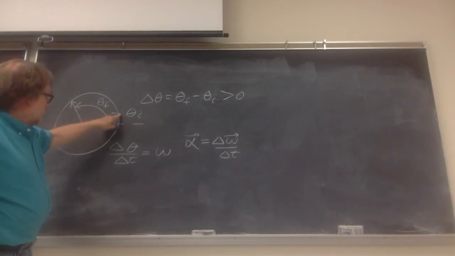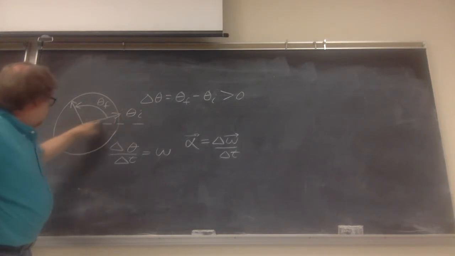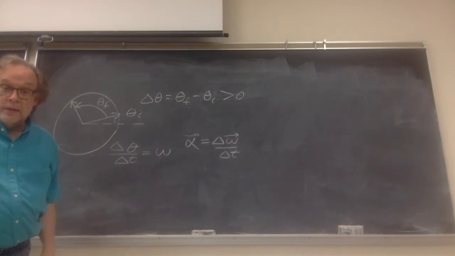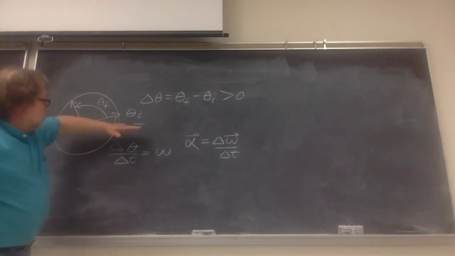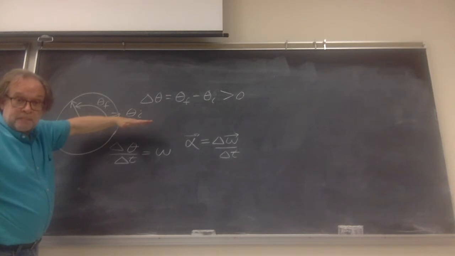If we're thinking about, say, the tip of this arrow, or really any point along that arrow, we represent its location with an angle, and usually it's angled with respect to the horizontal rightward direction.